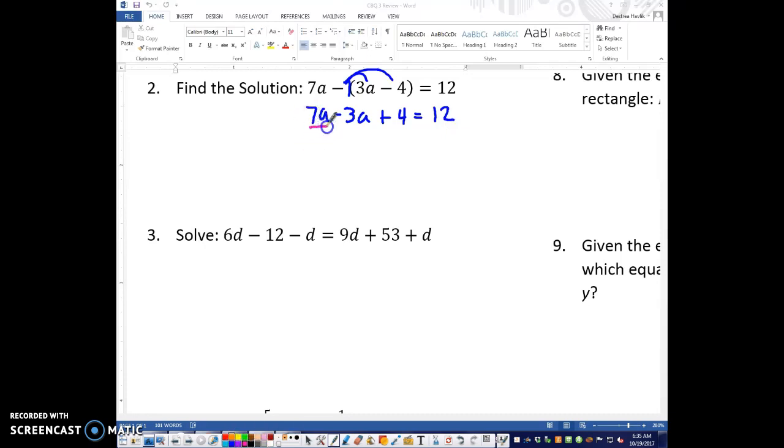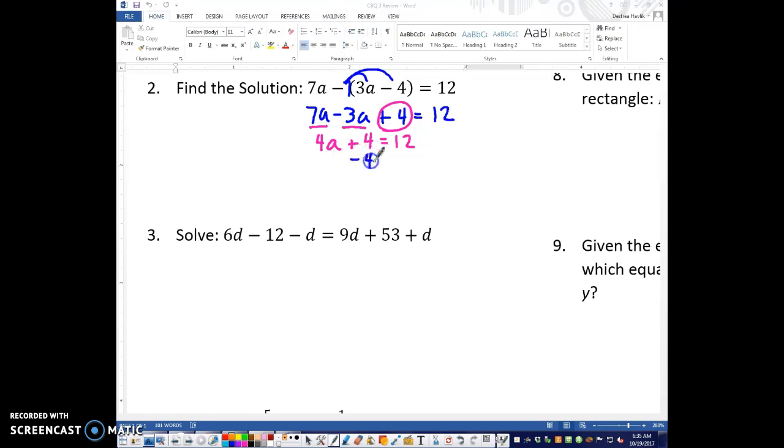Next step, can we combine like terms? Well, let's look. A family, number family. Yeah, we can combine the a's. So 7a minus 3a is 4a plus 4 equals 12. Do we need to move all the variables to one side? They are already on one side. So can we add or subtract?